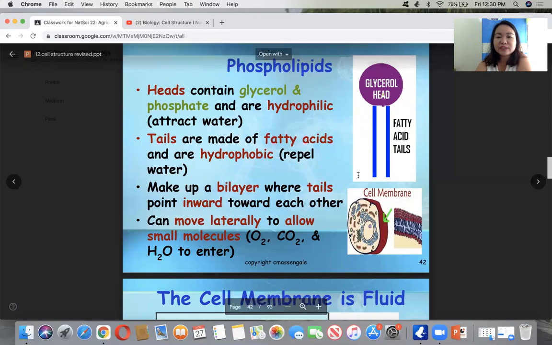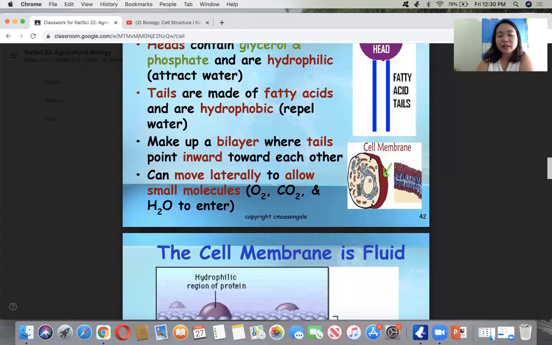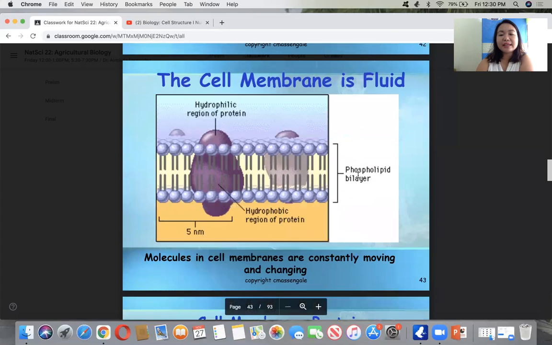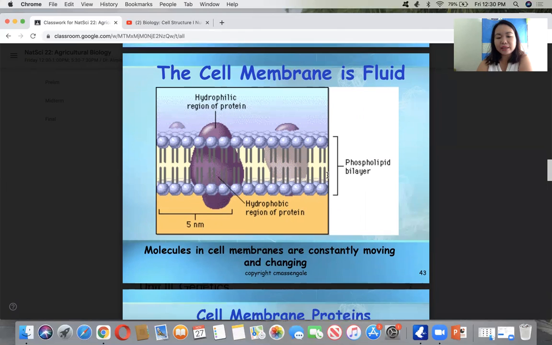So phospholipids are one of the macromolecules that we discussed in the last video. The cell membrane is fluid actually, and it has a hydrophilic region of the protein, the hydrophobic region of protein, and the phospholipid bilayer.